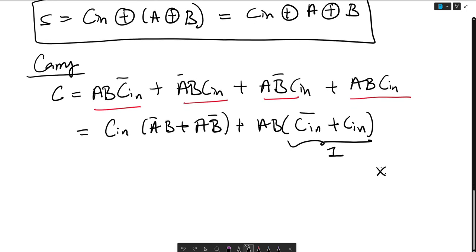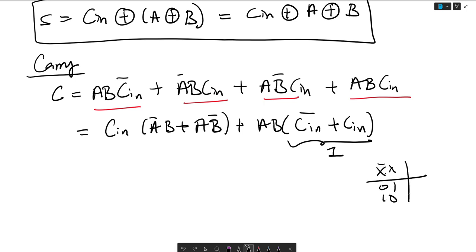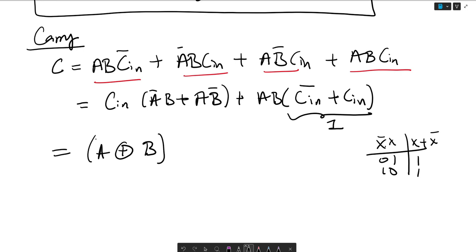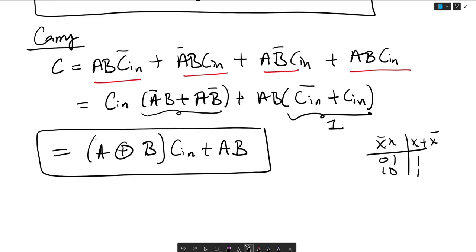Because x plus x NOT, if I do 0, 1, 1, 0, this would always be 1. It's x plus x NOT. So we can simplify this now to say A XNOR B, all right, this is A XNOR B, Cin plus AB is my carry out.